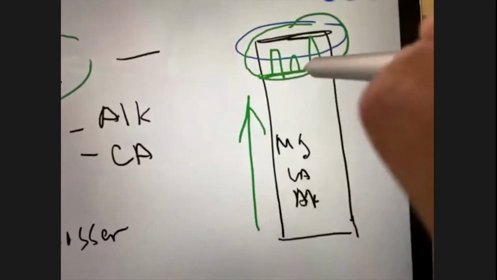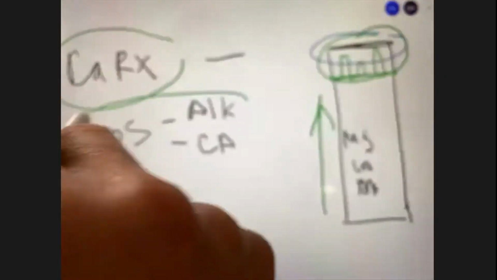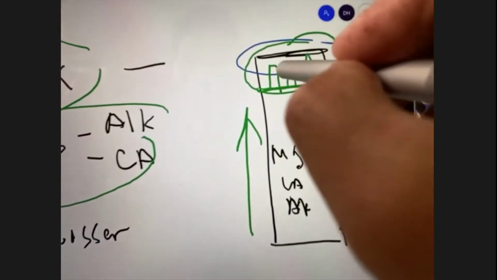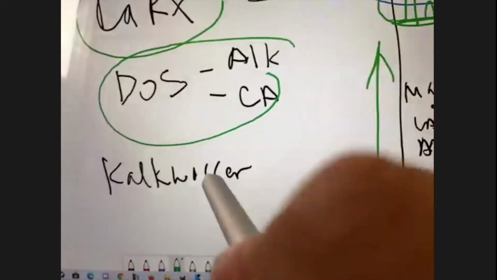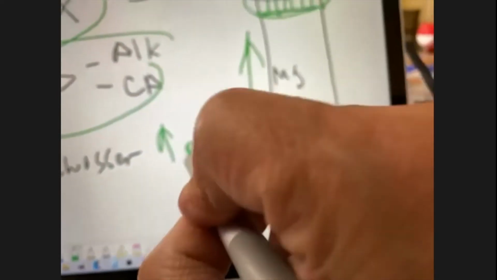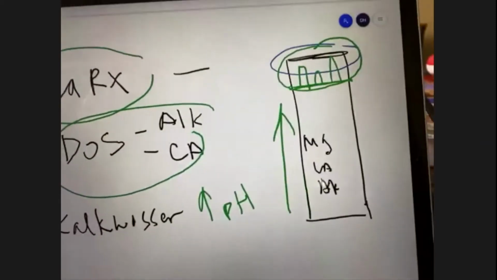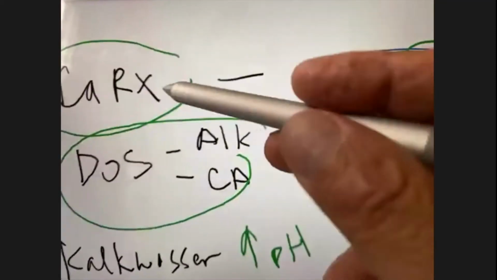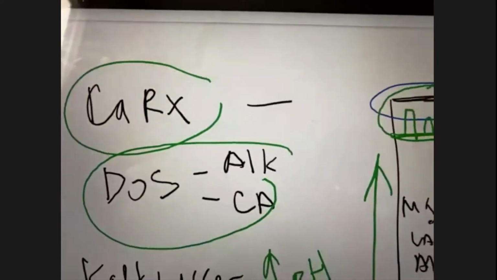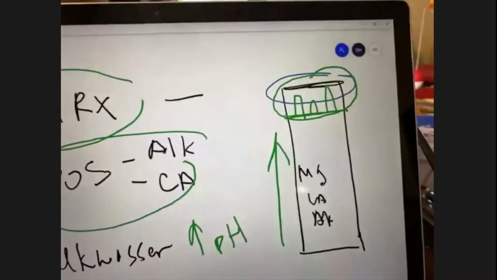So that's where the doser comes in. That's gonna fine tune my levels up here. And then the Kalkwasser helps at night, and that's gonna raise my pH. So a lot of people say, well, if you have a calcium reactor, you don't need to dose anymore. You can take that out.